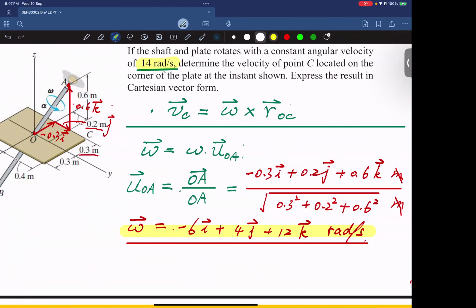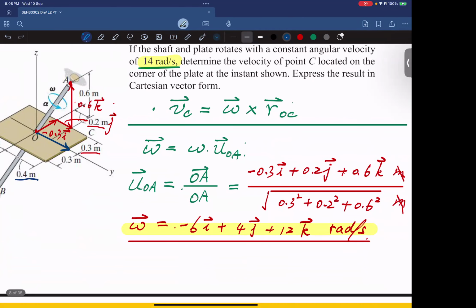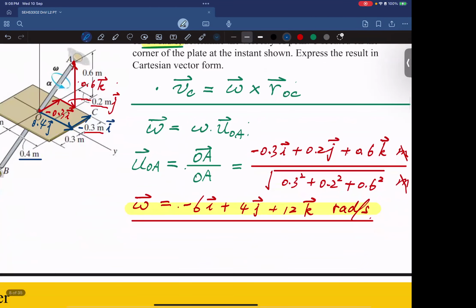Then R_OC, we can find in the same way. OC starts from O. We move along positive Y first, which is 0.4 J. Then negative X is negative 0.3 I; X is the I component.